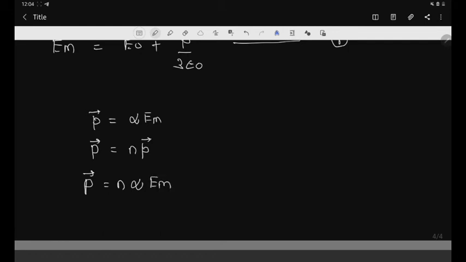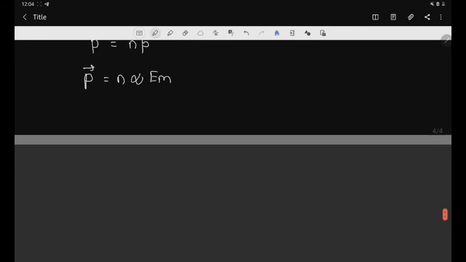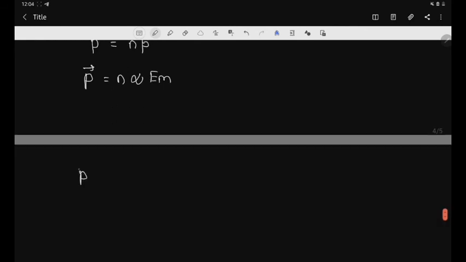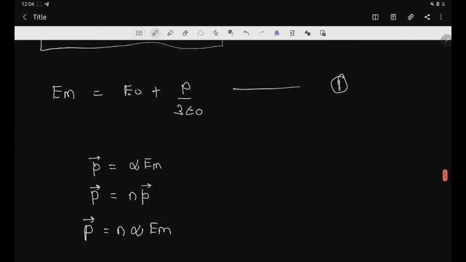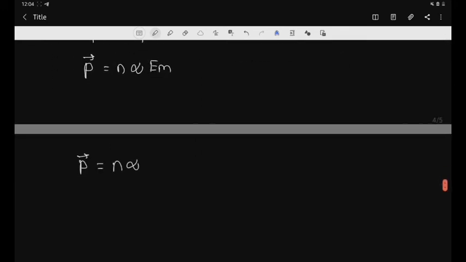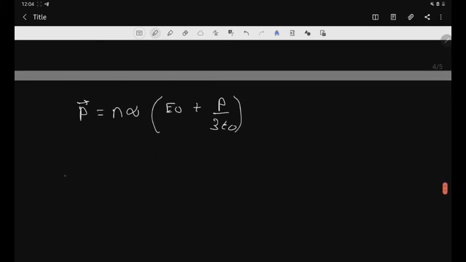Now from equation 1 we can replace this Em. Em we have derived as E naught, that is the electric field due to free charges, plus P divided by 3 epsilon naught. Now we can substitute this polarization vector also.